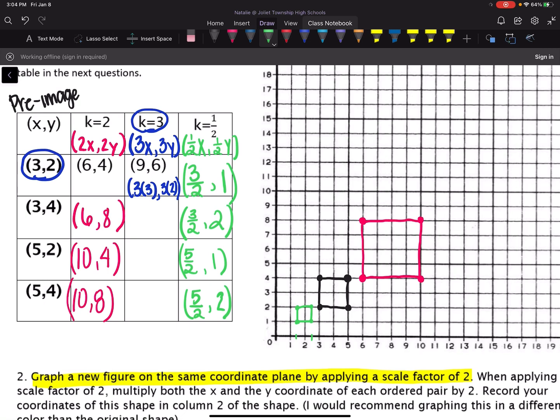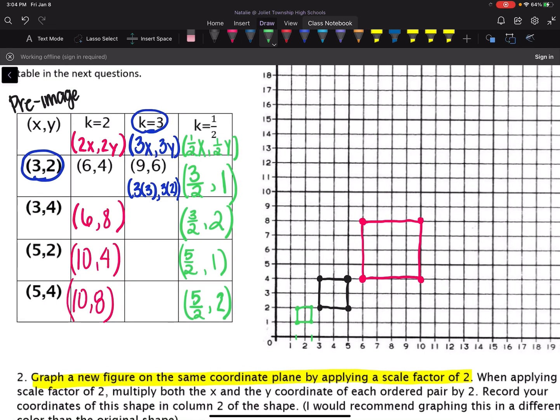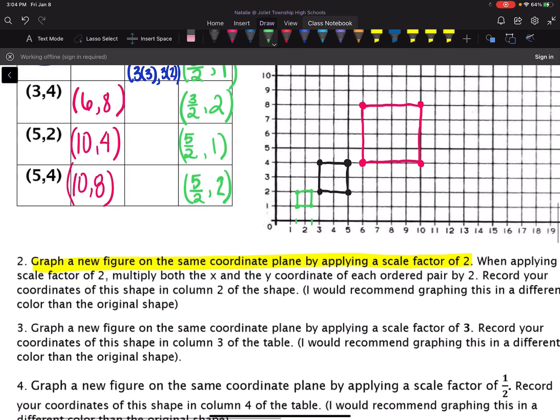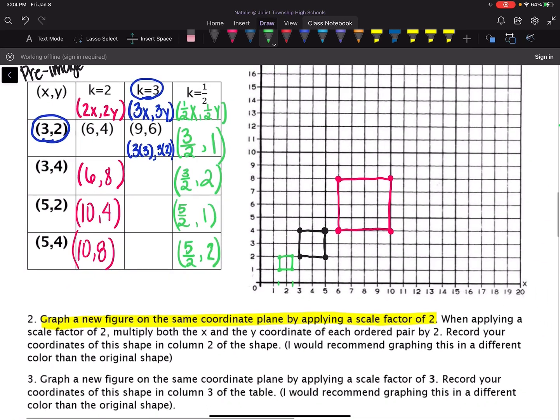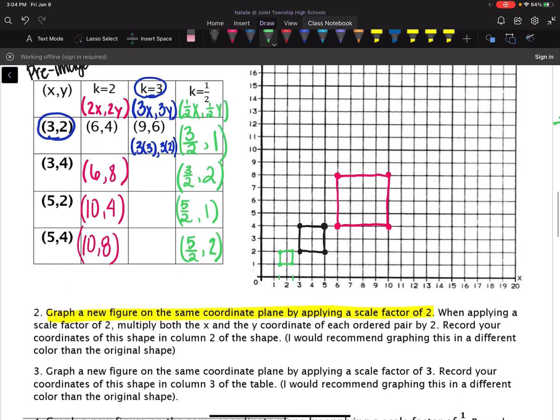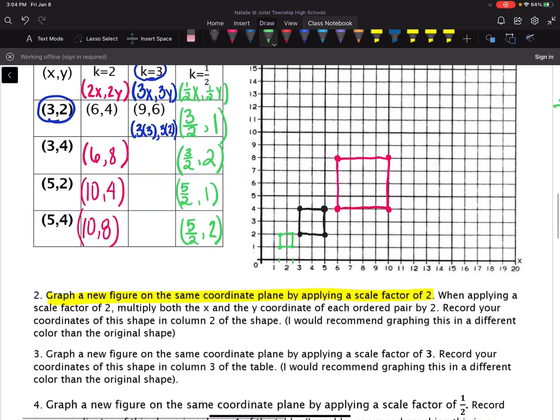Now that I've calculated my 4 points, I can go ahead and graph that image. Once you finish this activity, you'll have a blue square in there that is completely finished on this chart.